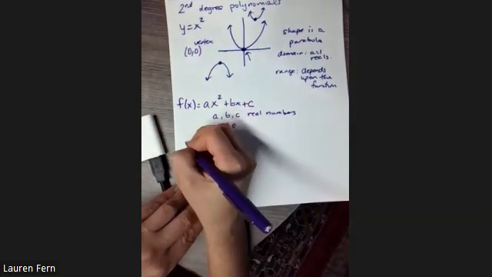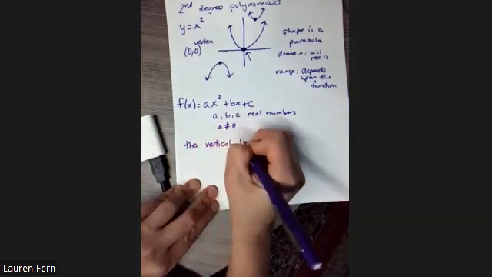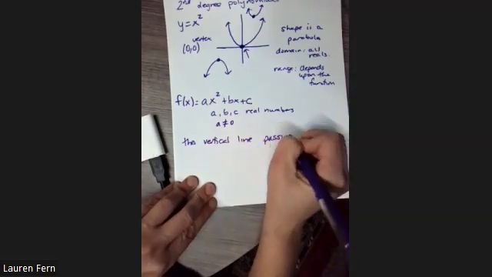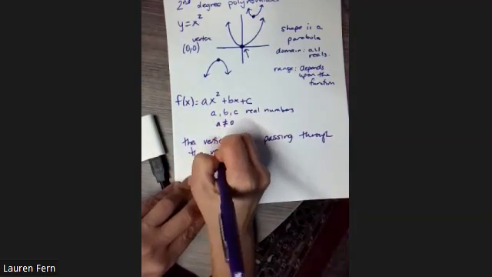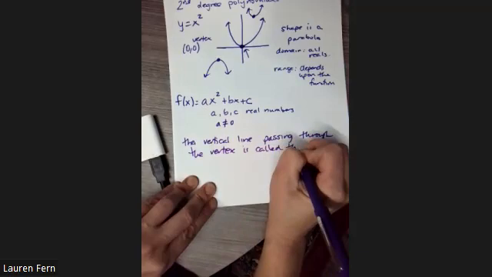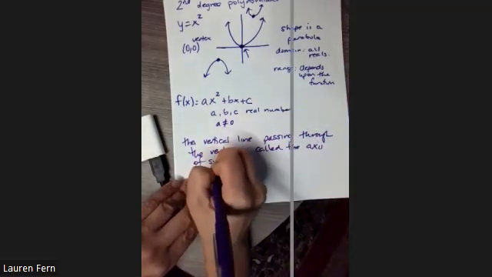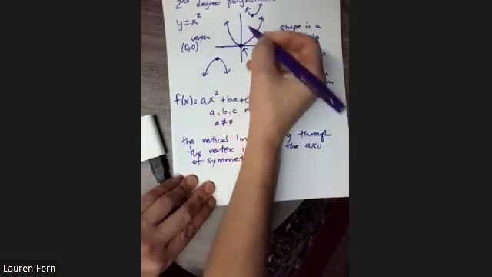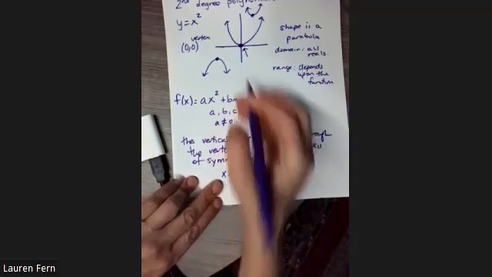Okay. And the important thing to mention is that the vertical line passing through the vertex is called the axis of symmetry. Okay, so in this case, my axis of symmetry would be x equals 0.